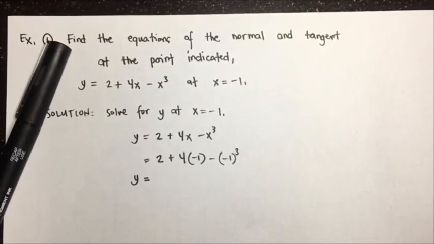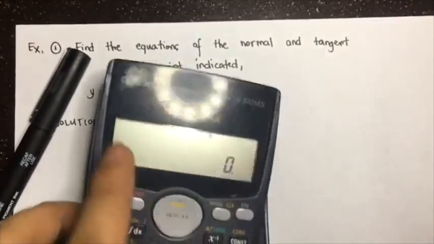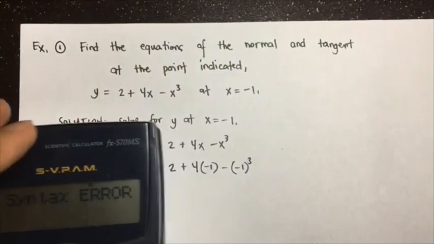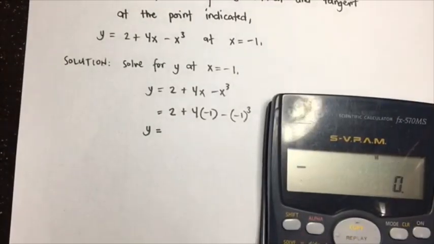Okay, I just don't trust my judgment, so to be sure, let's use the calculator. 2 plus 4 times negative 1 minus negative 1 cubed. Oops, it's negative 3.